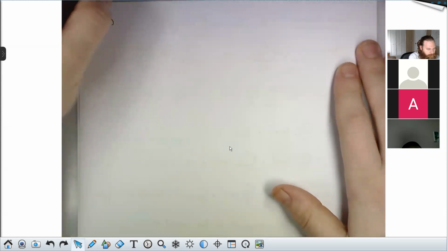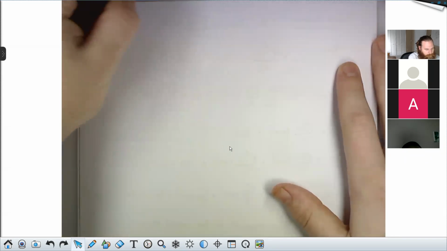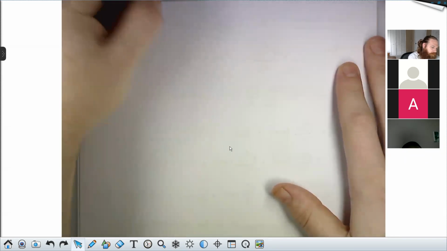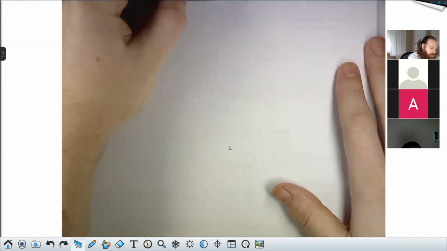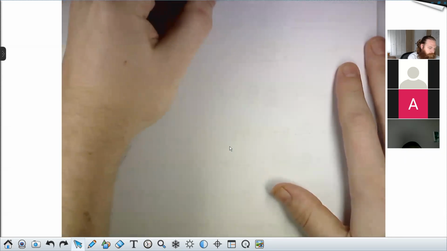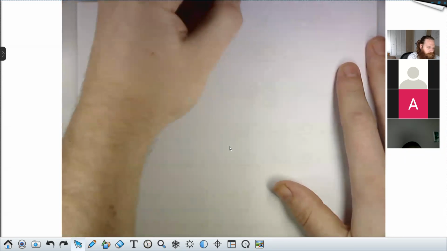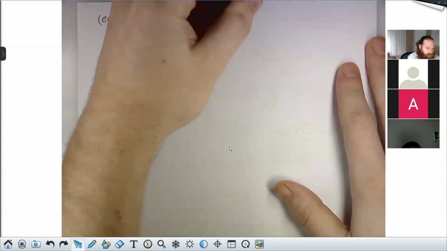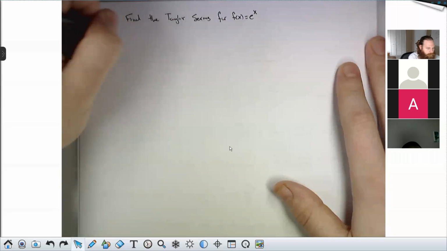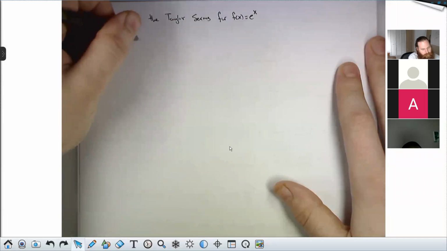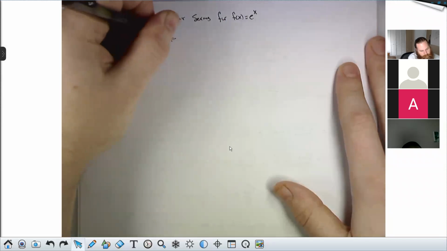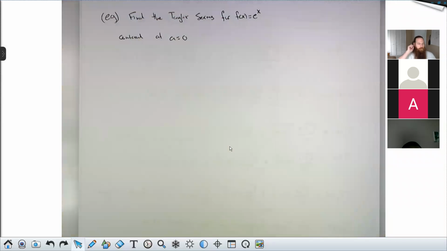So, example. Find the Taylor series for f of x equals e to the x centered at a equals 0. A word about vocabulary, by the way.